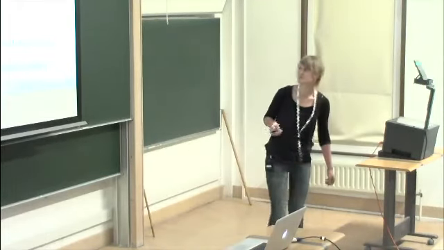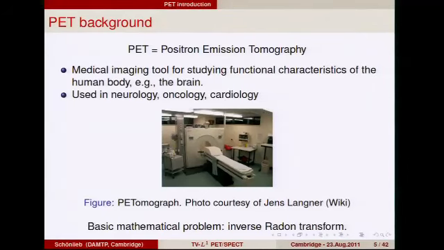All right. So what is positron emission tomography? It's a medical imaging tool that is used to study functional characteristics in inner organs of the human body, like the brain or the heart, and not even only the human body, also animals. The use is quite spread already in medical practice.